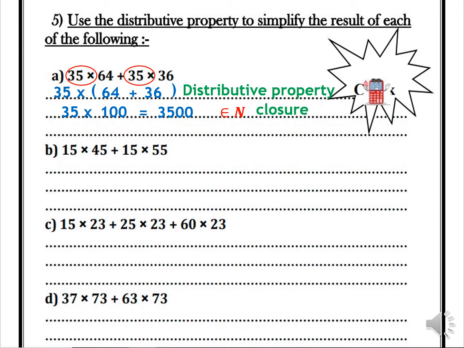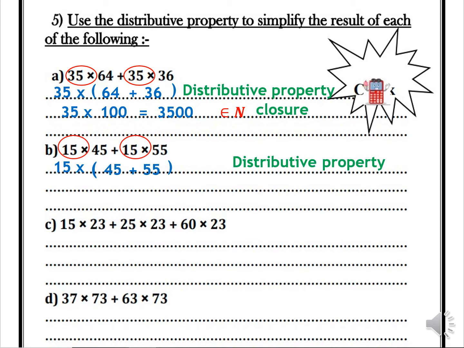In letter B, I have 15 times 45 plus 15 times 55. Again, I will circle the repeated number, 15 times and 15 times. I will write it only once, and I will open the bracket and write what's left. Here, 45 plus 55.